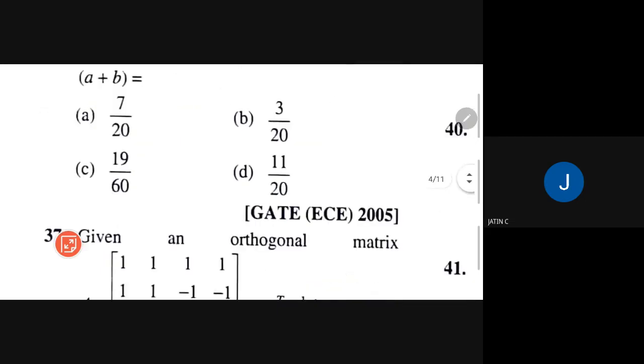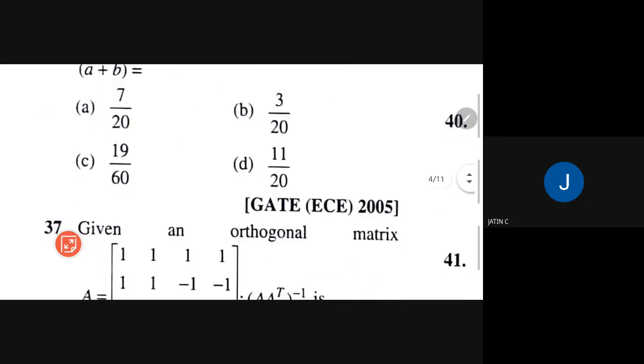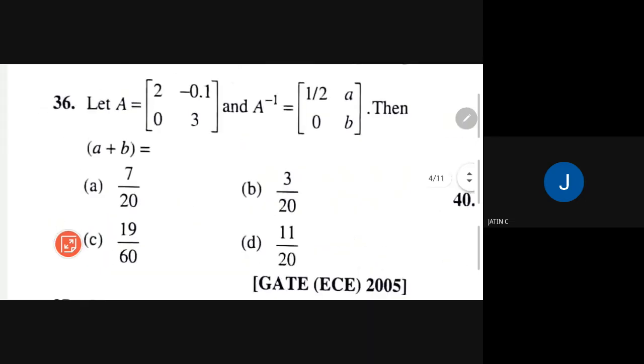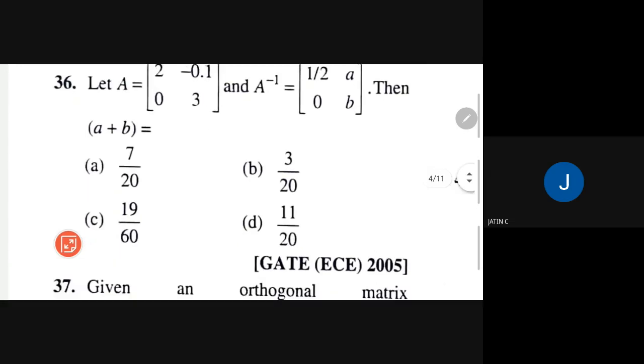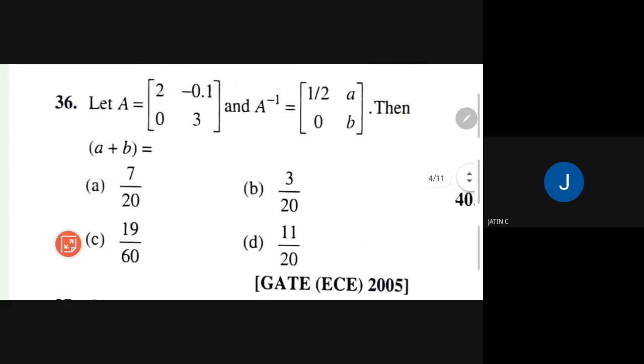If B is 3, can we say anything about A? You need to calculate in such a case that multiplication.